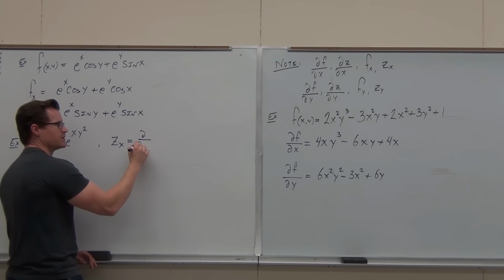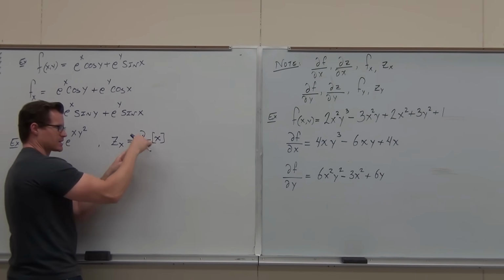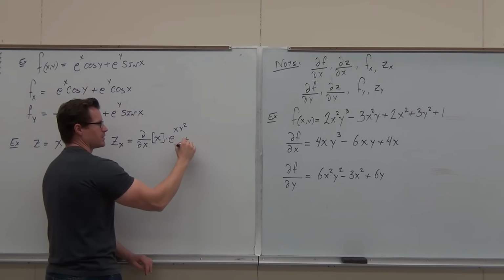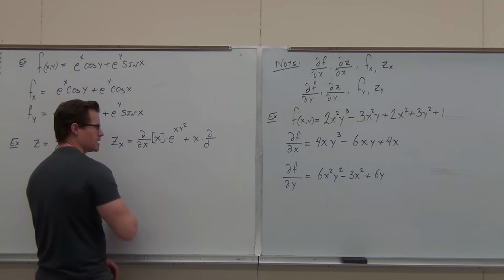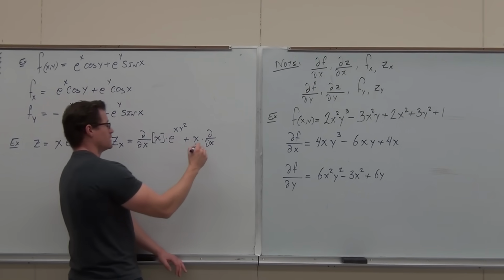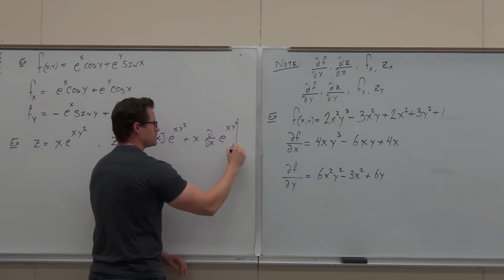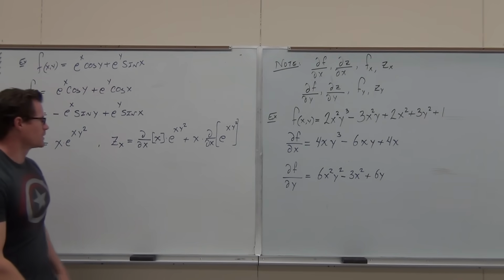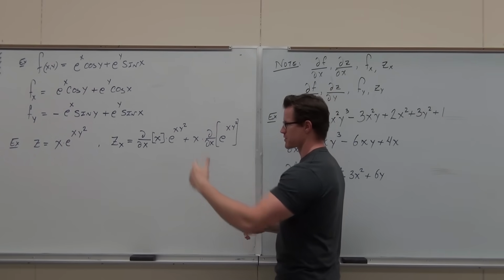So we do the partial derivative of the first with respect to x times the second, plus the first times the partial derivative with respect to x of the second. Derivative of the first times the second plus the first times the derivative of the second. Of course, we mean partial derivatives.